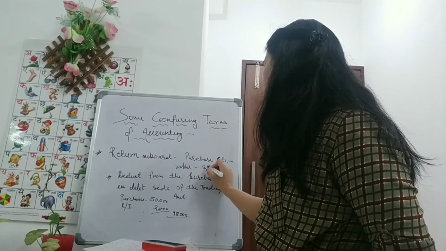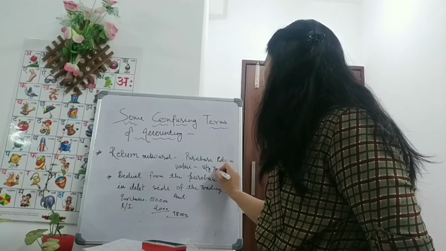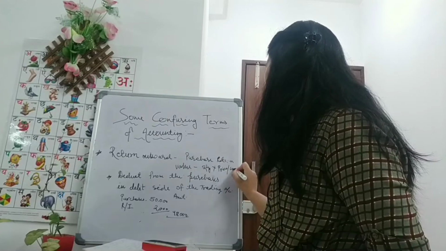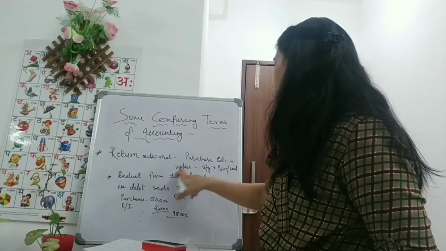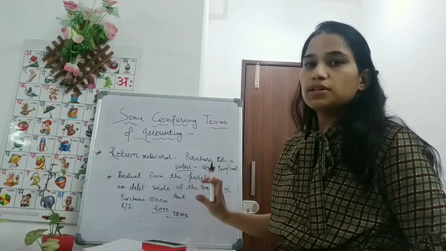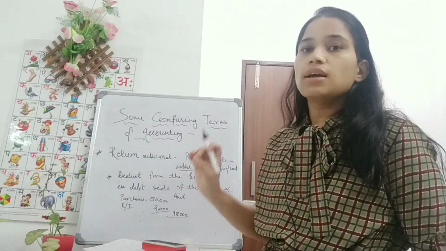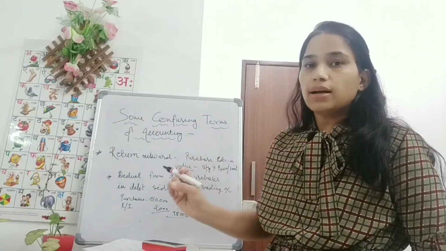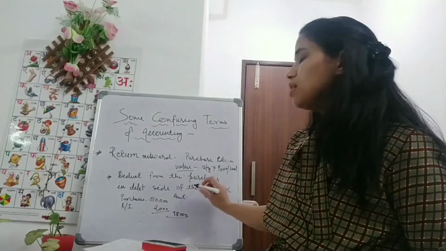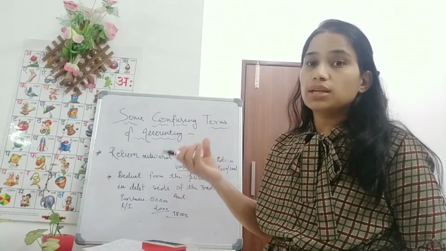Quantity into price per unit. So we consider the value. The accounting of purchase return is done on the debit side of the trading account, and we will deduct the value of purchase return from the value of total purchases.